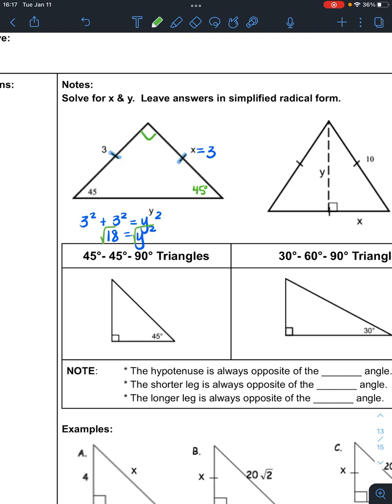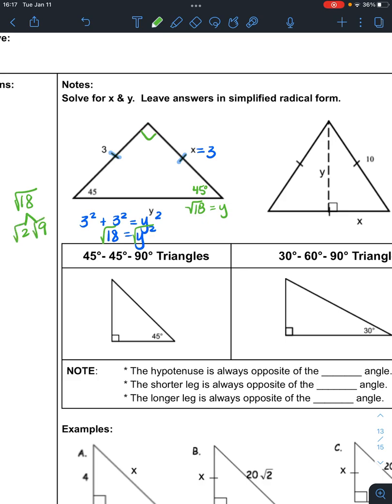So if I take the square root of both sides, then I get that y is equal to the square root of 18. And I want to simplify that. Remember, there are different ways you can do this, but you can do 2 and 9. I'm going to stop at the 9, and the reason is because I noticed that's a perfect square.